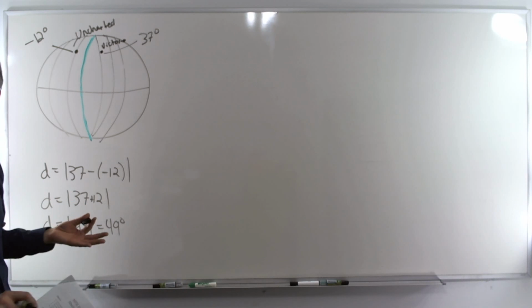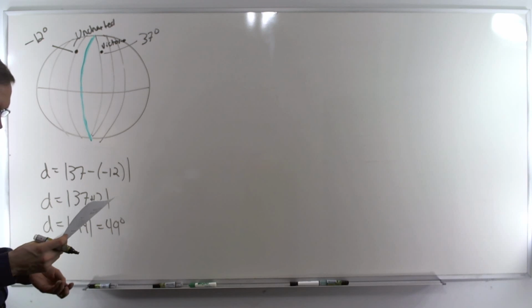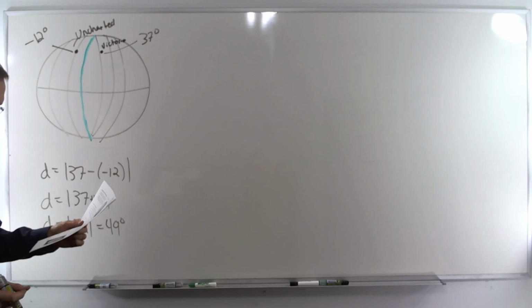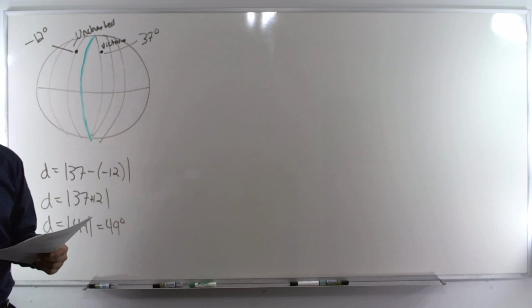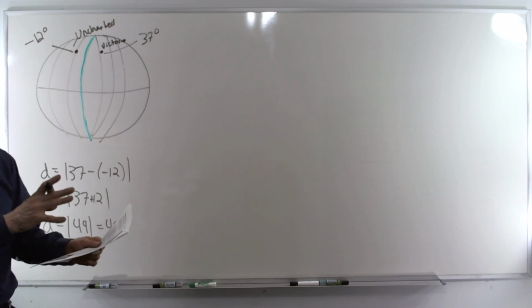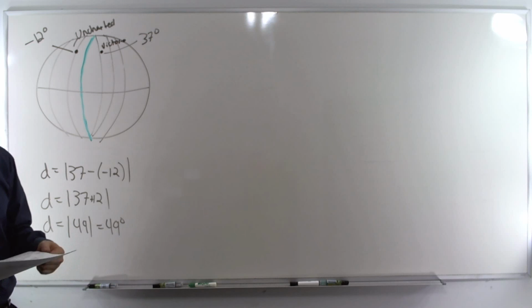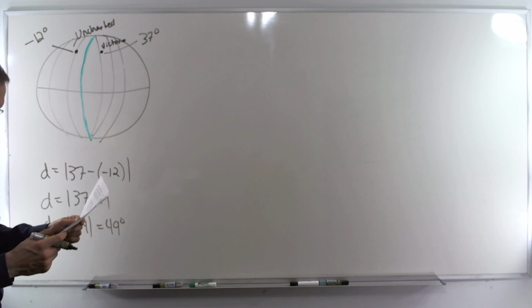But that's in degrees, and we want miles. So we're going to have to do some trigonometry. Now that's not part of the class, so you won't be responsible for this. This is, in case you're going on to take trigonometry, this will be a good intro.